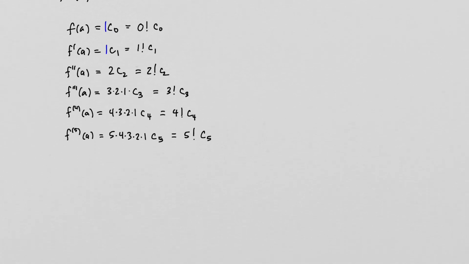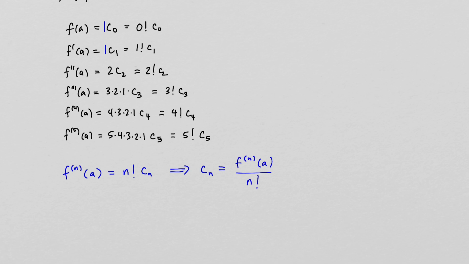So it seems that we have a formula. The nth derivative evaluated at a appears to be n factorial times cn. But if you turn this around, you can solve for cn and say that it's equal to the nth derivative evaluated at a divided by n factorial.